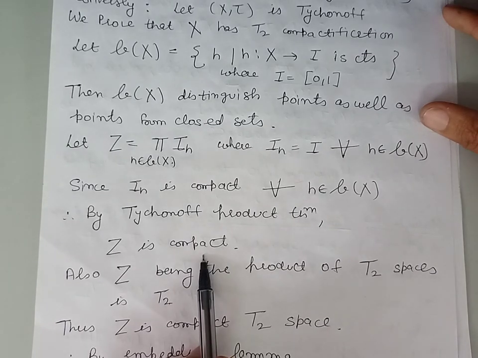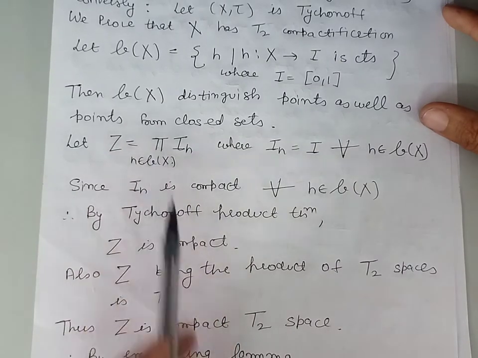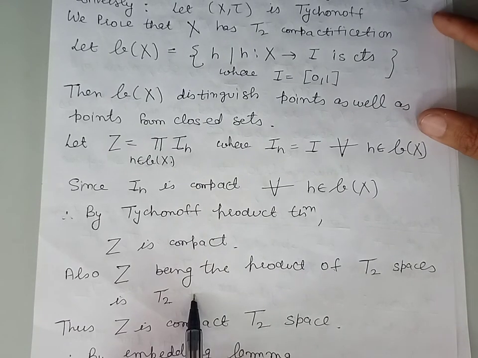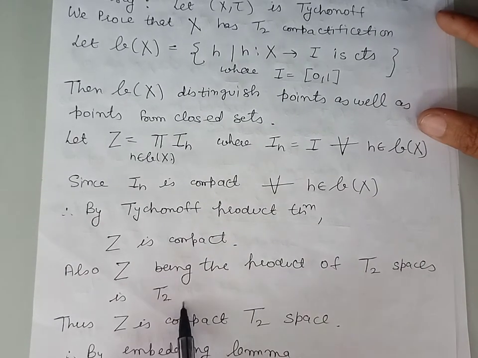Also, Z is T2 because this is the product of T2 spaces. So by productive property of T2 spaces, Z is T2.